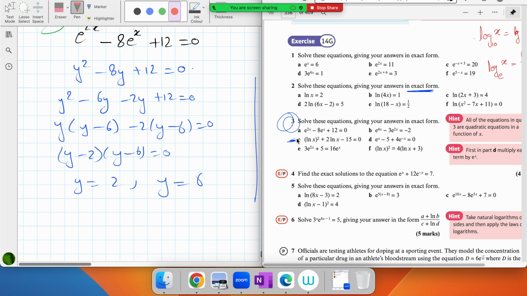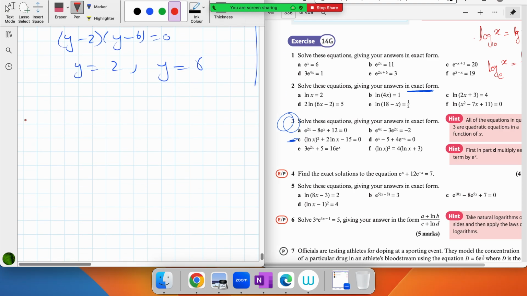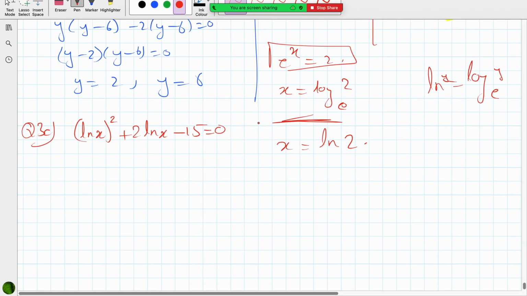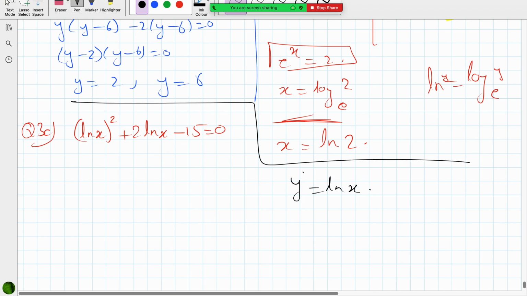Look at this question 3c. It says (ln x) whole squared plus 2 ln x minus 15 is equal to 0. Now I'm substituting y is equal to ln x.